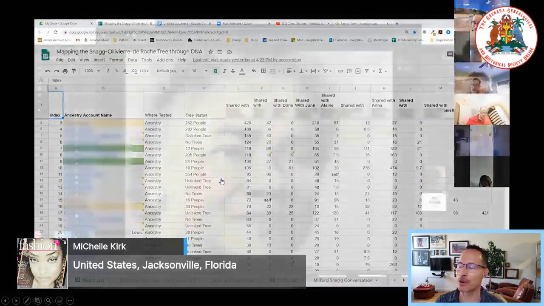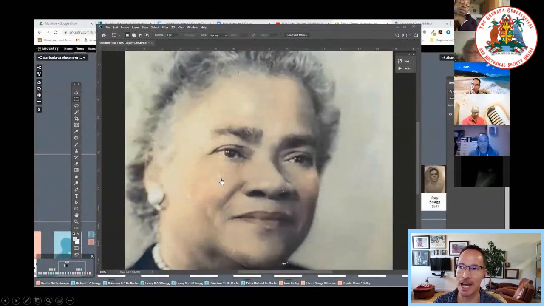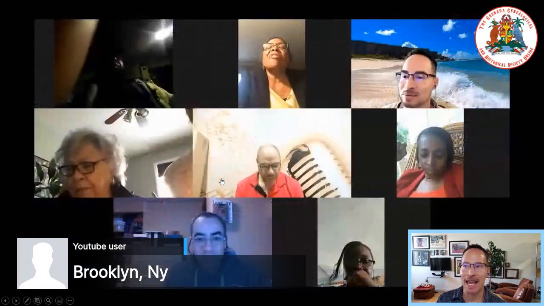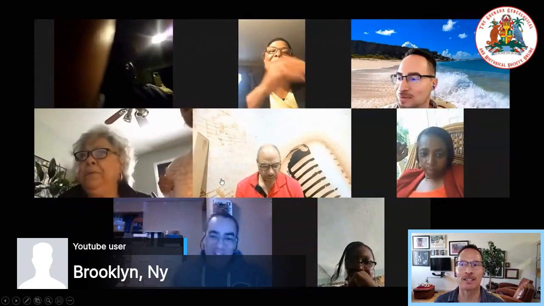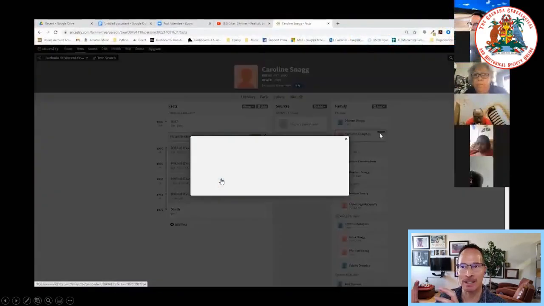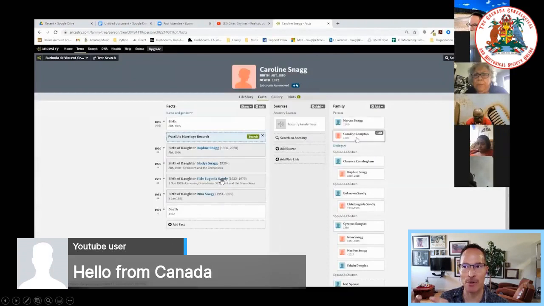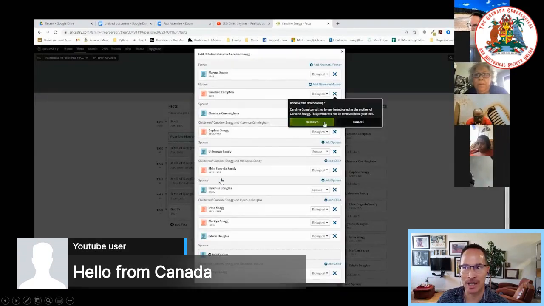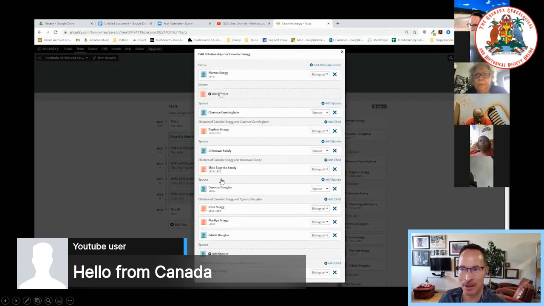We go through our spreadsheet here where we list how everyone is related to everyone else. And we can make conclusions such as a lot of us are related to this person here, and we know that this person is here on the tree. And since we are closely related to this person, we must be on this branch of the tree.